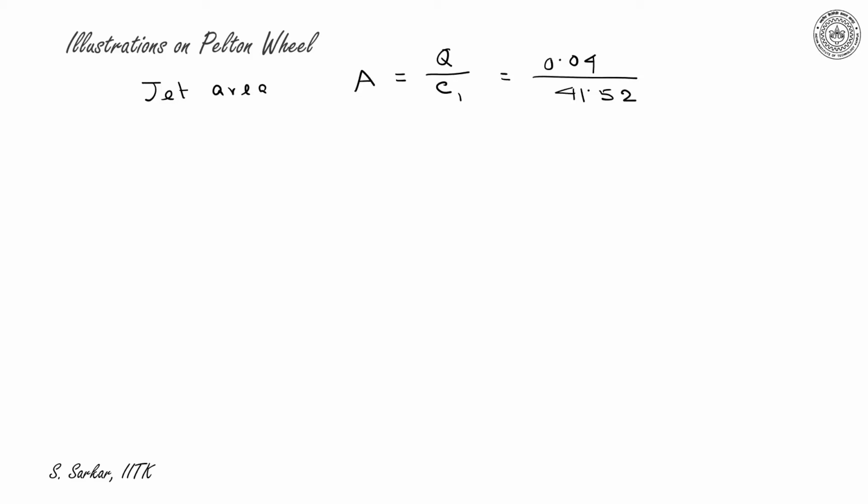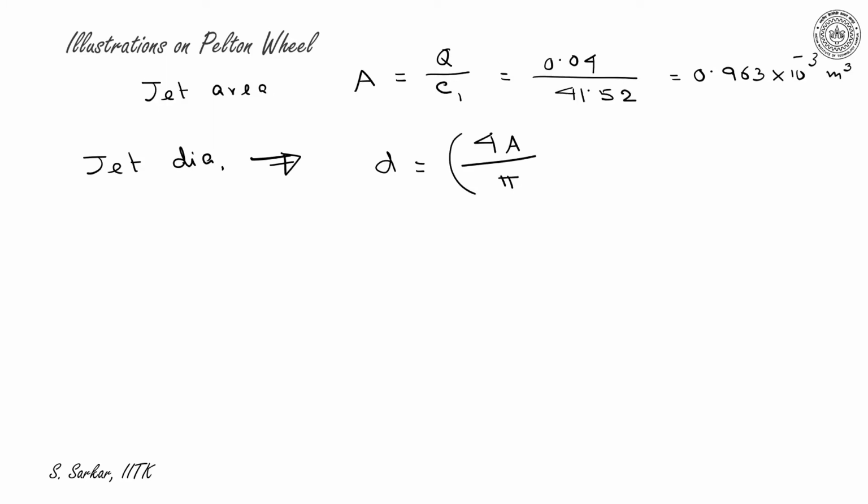If you evaluate this, you will get 0.963 into 10 to the power minus 3 meter square. The jet diameter can be given as d is equal to 4A by pi to the power half.